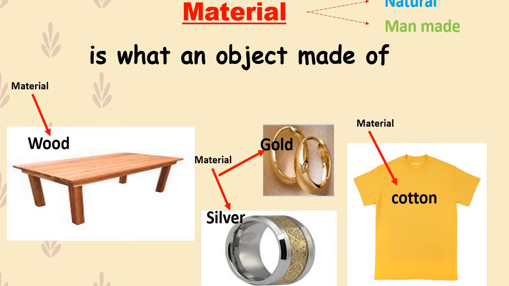What is the material we use to make your booklet? We need paper, we need glue, right? So paper and glue are the materials that you use to make your booklet. The table, as we said, is made of wood. So we need to get wood to make a table.